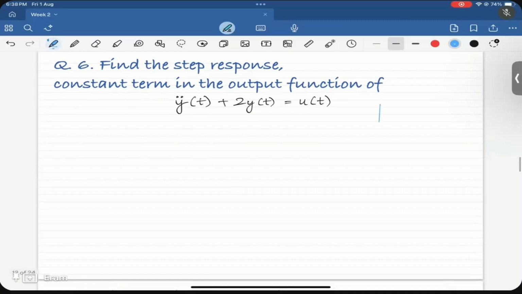Means that if we apply u(t) as a function whose value is 1 for all time, such input is called step input. And the Laplace of such input is just 1 by s. So for this input we have to find the response.